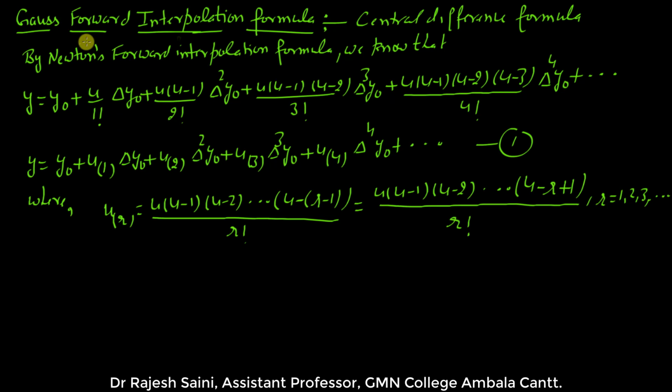In the Gauss forward interpolation formula, after the first two terms we diminish the subscript of y by 1. Diminishing means decrease.